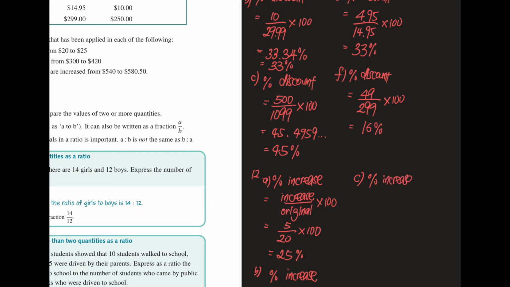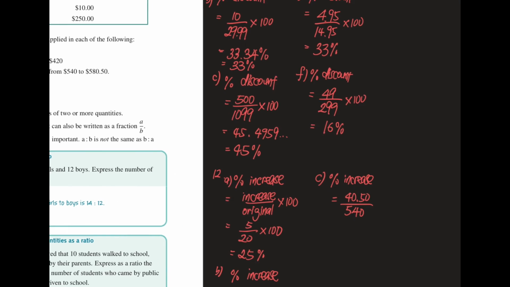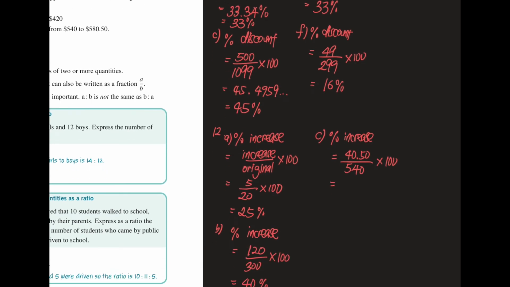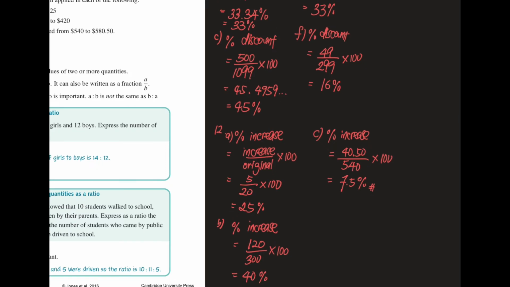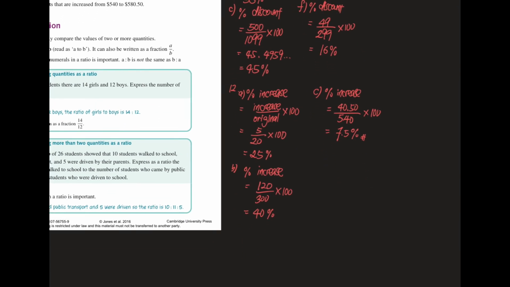So part C, percentage increase, 40.50 over the original 540 times 100%. Okay, then we just check the calculator. So we get 7.5%.